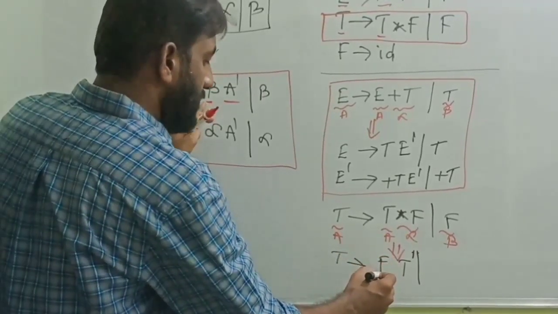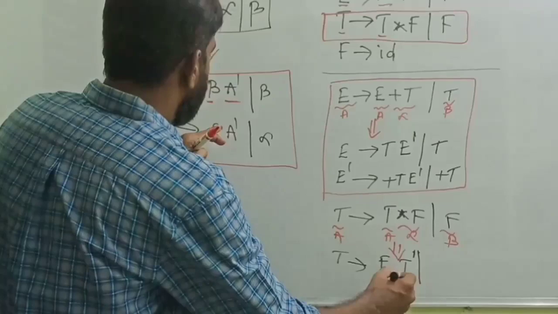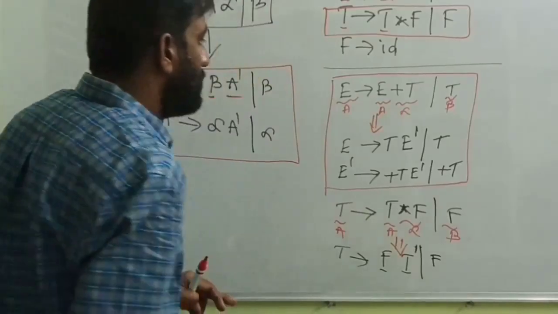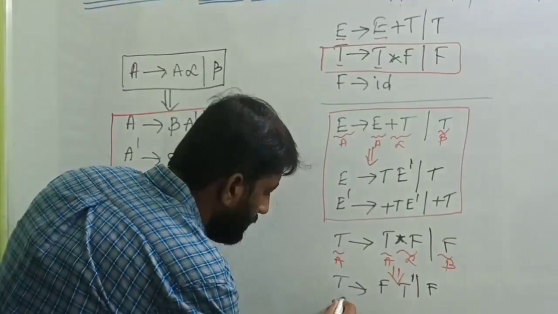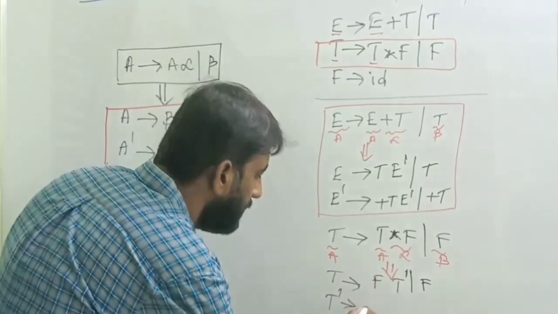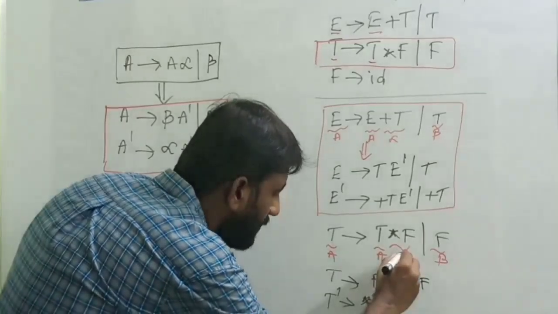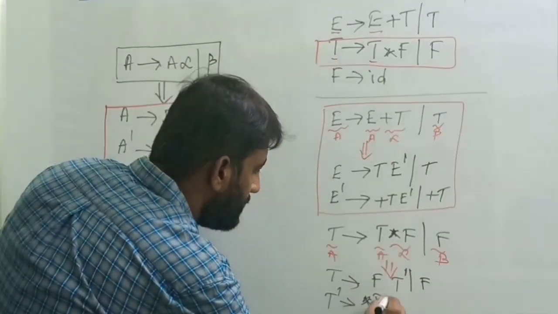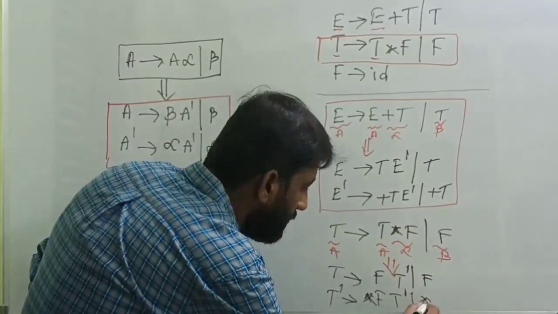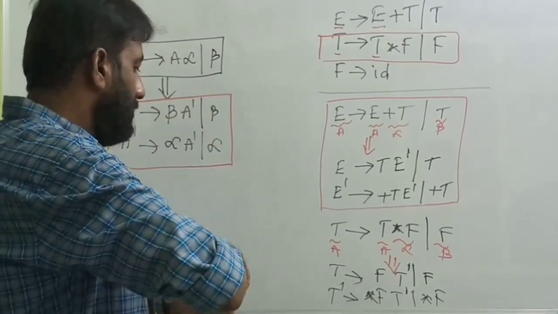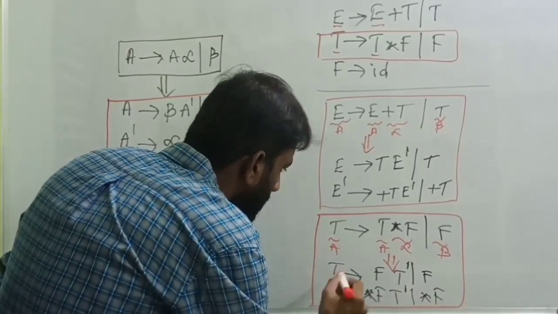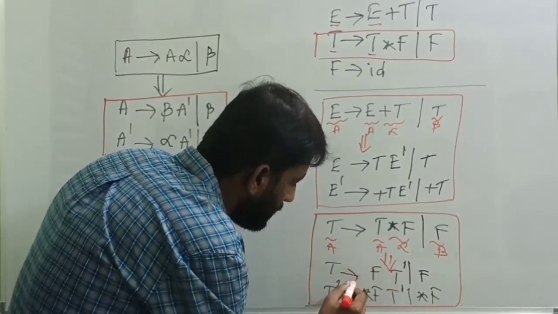Then T dash tends to alpha T dash slash alpha, where the alpha part is star F. So T dash tends to star F T dash slash star F. This is the left recursive production and its equivalent production without left recursion.